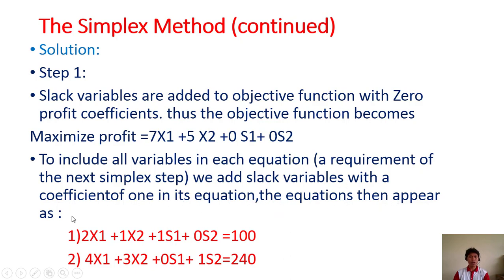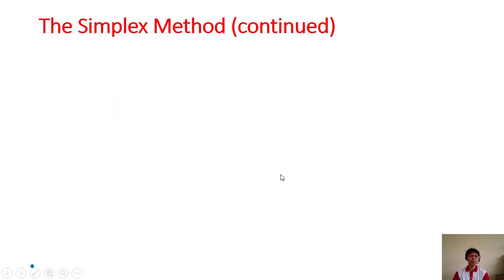The equations then appear as 2x sub 1 plus x sub 2 plus 1 s sub 1 plus 0 s sub 2 equals 100. And for the other one, equation 2: 4x sub 1 plus 3x sub 2 plus 0 s sub 1 plus 1 s sub 2 equals 240.